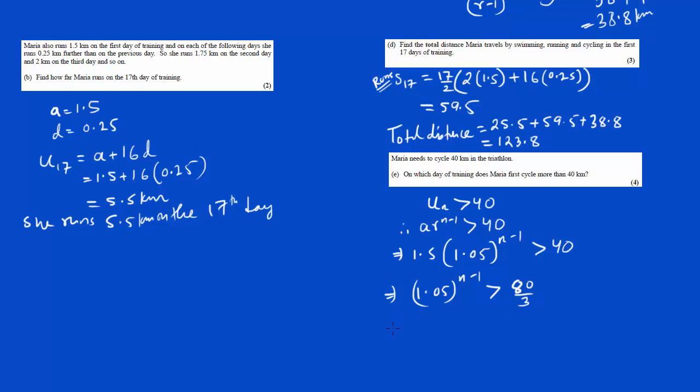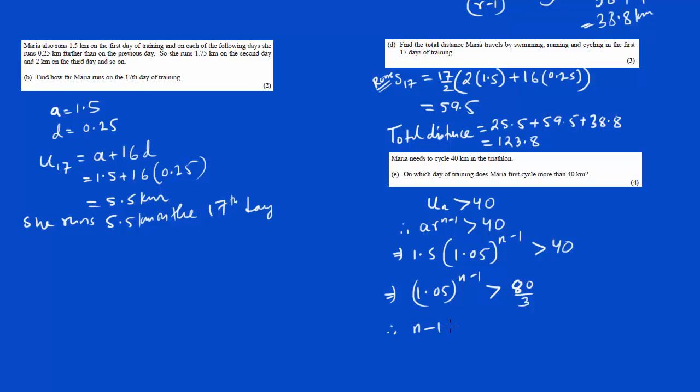So now we have to use logarithms. One thing about logarithms is that if the base is less than 1, when the logarithm goes to the other side, it becomes negative, so you have to change the inequality. But if the base is more than 1, it is not negative, so the inequality doesn't have to be reversed.